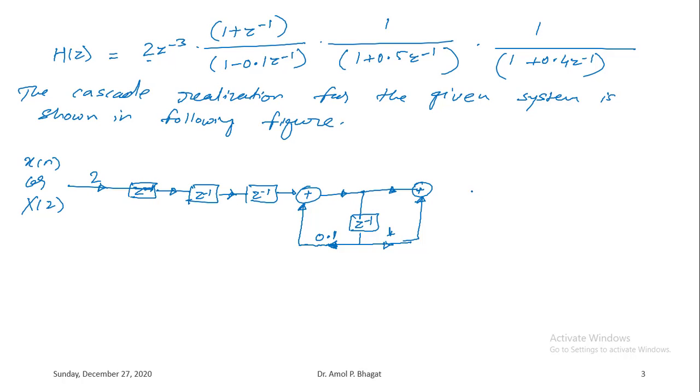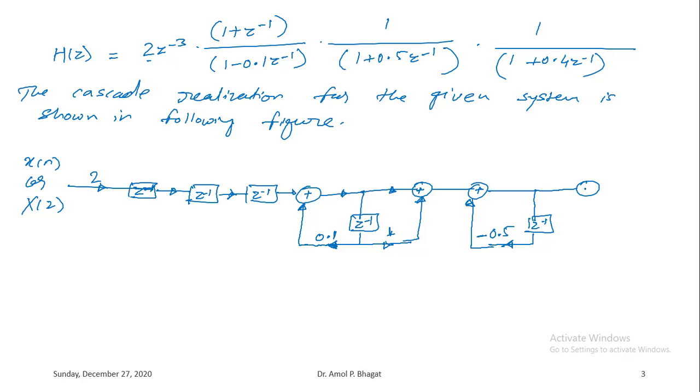Similarly, this third term will be drawn, right? So here again I'll be using a feedback loop. So here I will need a delay element, then it will be fed back into the system. It is plus 0.5, so it will be minus 0.5, and then it will be added here, right? Similarly, this last term.